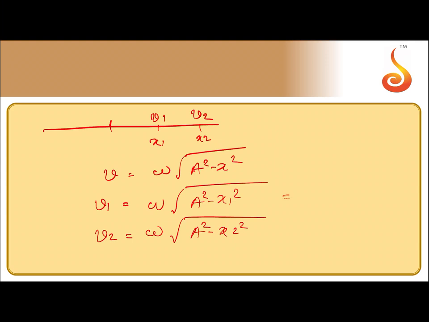That is, v1 square is equal to omega square into a square minus x1 square, v2 square is equal to omega square into a square minus x2 square. I will subtract one from the other. I get v1 square minus v2 square is equal to omega square into x2 square minus x1 square. That's right, omega square.